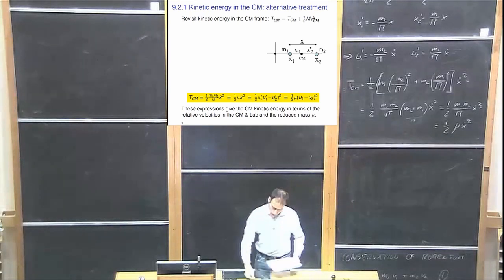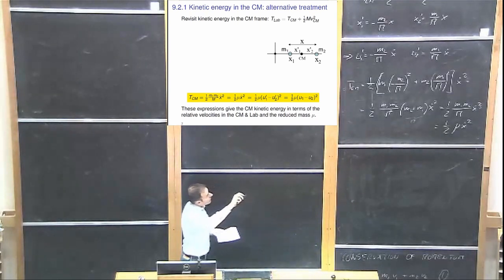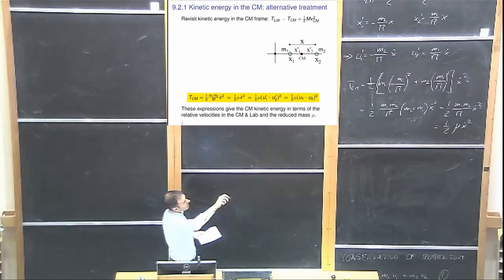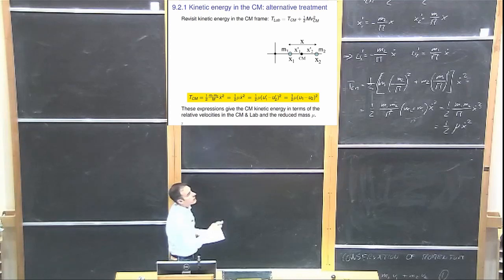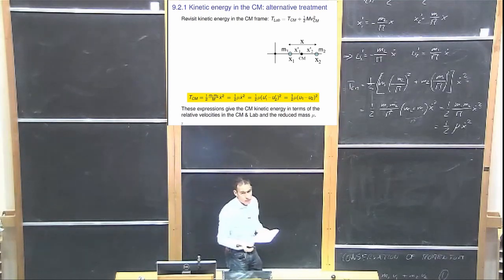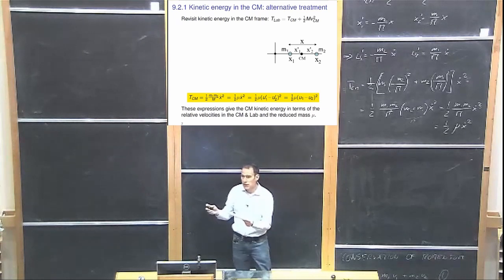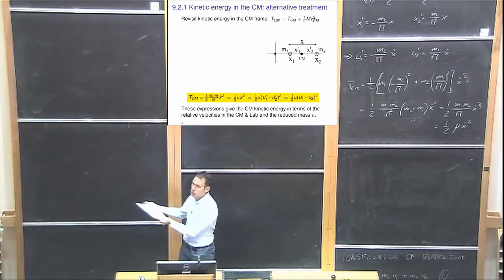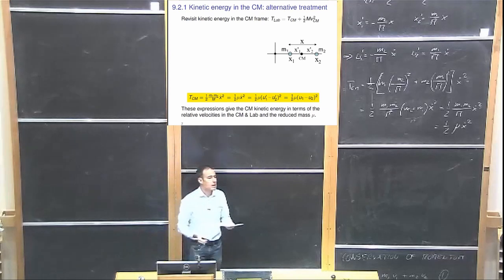If we rewrite that now going back to x dot, from the definition of x, we can rewrite that as u1 prime minus u2 prime squared, and also as u1 minus u2, because the shift is with respect to V_CM, and if we subtract both terms that have been shifted by the same amount, the difference remains the same.